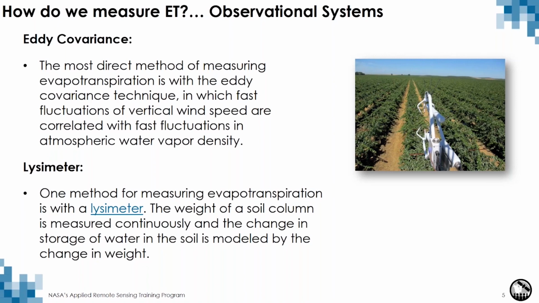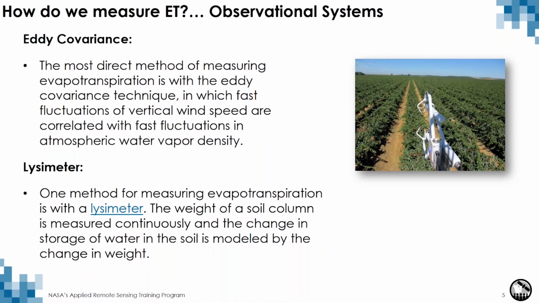It looks at really fast measurements of fluctuations of vertical wind speed and water vapor. By looking at those very fast changes, we're able to estimate how much water is being evaporated or transpired from the surface.